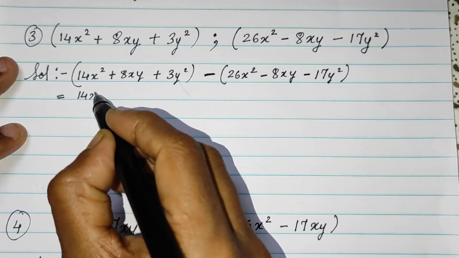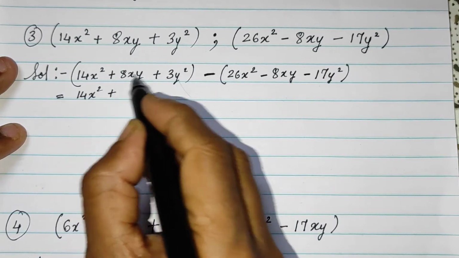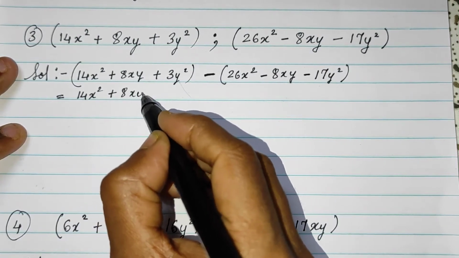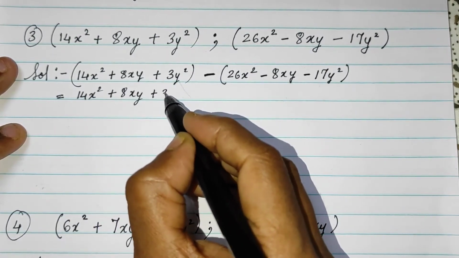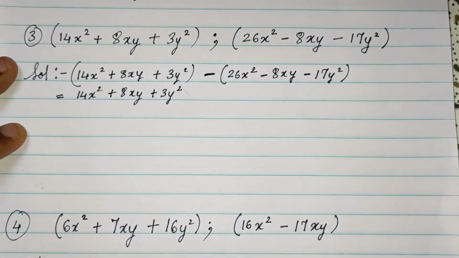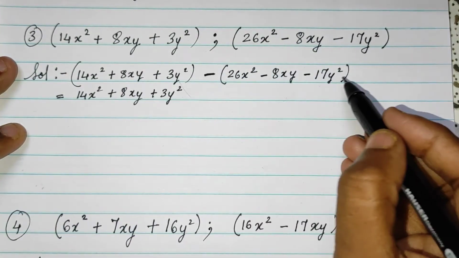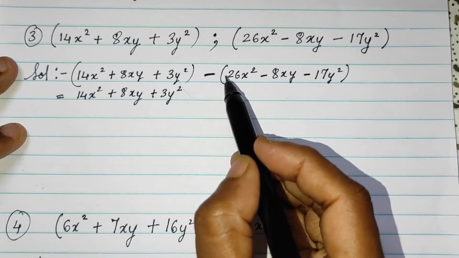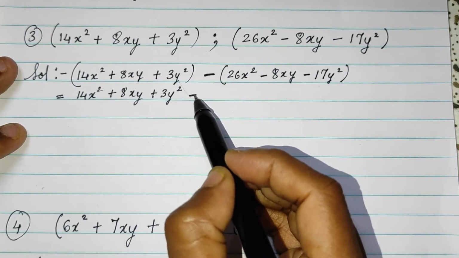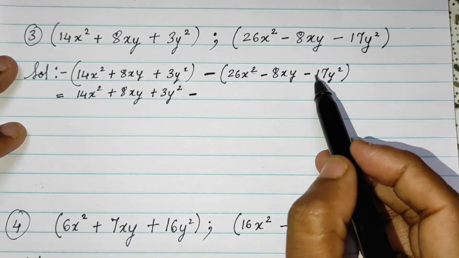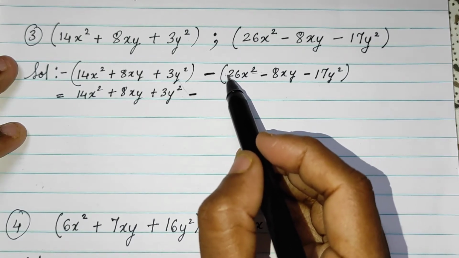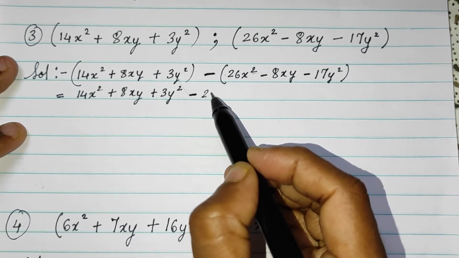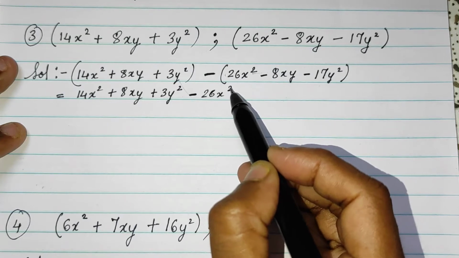Brackets को open कर देना है. So in the first term no changes come. It is as it is. But when you open the second term, minus into plus minus, all the signs become opposite. Here there is plus, so it becomes minus 26x square.